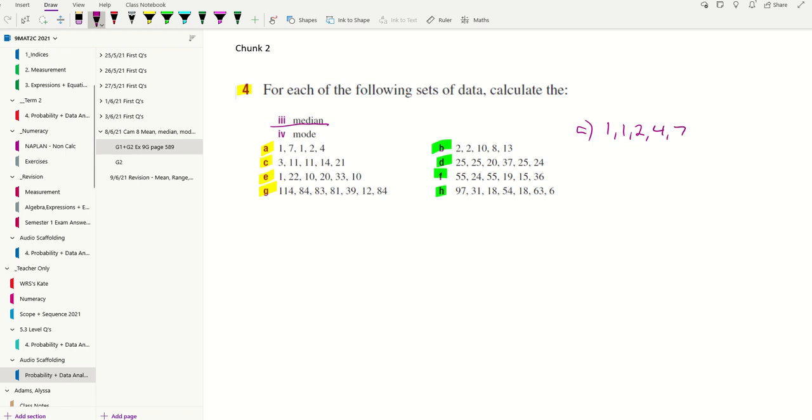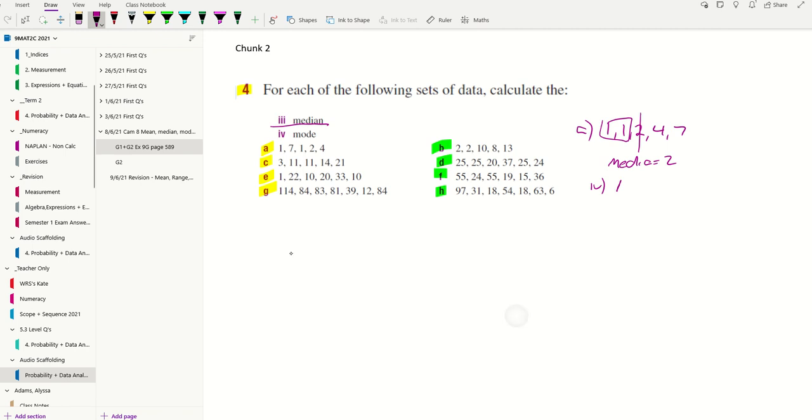Now what we've got to do to find that median is draw a line through the middle of the data. So in this instance, if I do the first one, it's going to go through there, so our median is 2. If I'm finding the mode of that set of data, which was the next thing I needed to do, then I'm just looking for the most popular, and there's 2 1s, so that's it there.